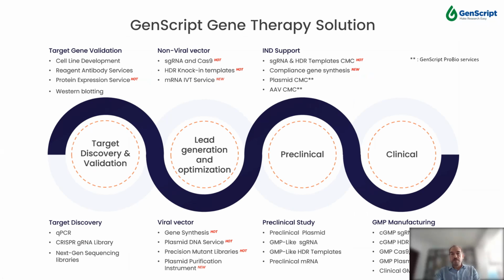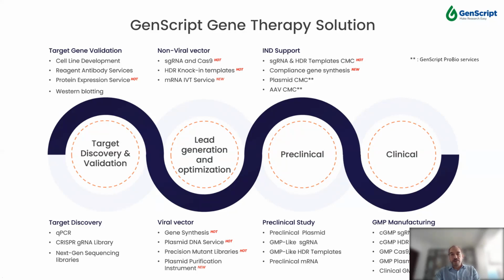So we have a very broad portfolio with many solutions, products and services. Typical gene therapy, and actually any therapy drug development, starts with target discovery and validation, then proceeds to lead generation and optimization, then preclinical work, clinical trials, and clinical manufacturing. As you can see from this slide, we have a complete portfolio of tools for every stage of the development.